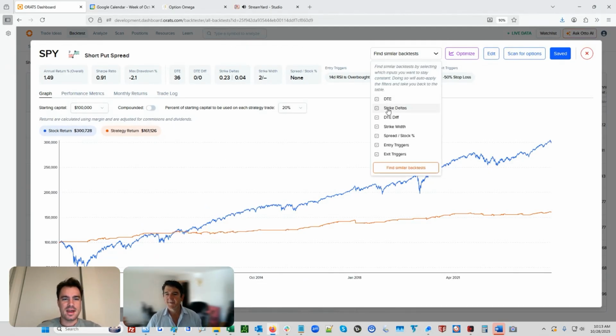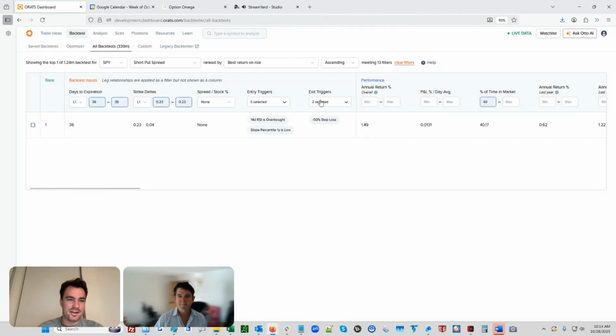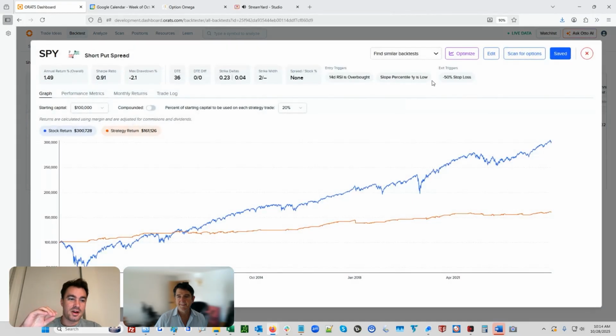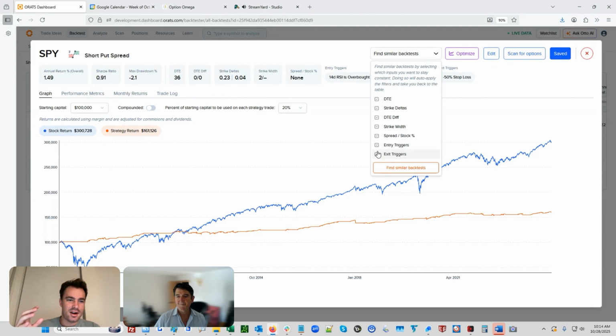It allows you to plug in all of those inputs into the backtest finder table to find things that are very close to that backtest. The reason this is good is it allows you to compare very similar backtests to see if the returns are unusual, right? And if they are, then perhaps you're running into some overfitting risk.